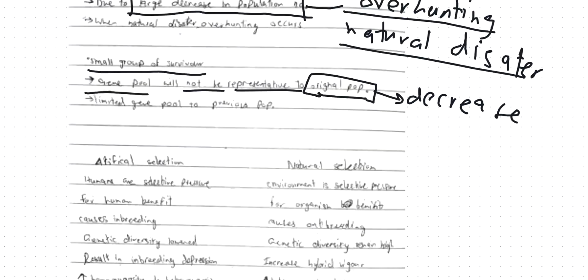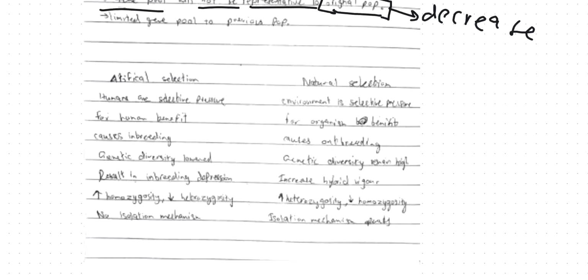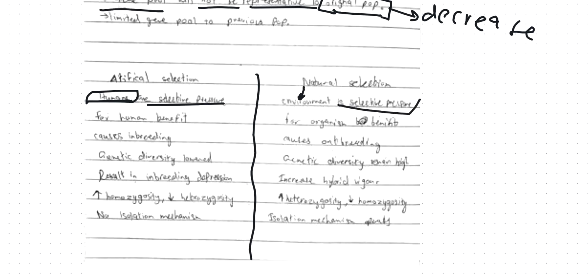Now let's move on to artificial and natural selection. Artificial selection is caused by humans, and the selective pressure is humans. Whereas natural selection is caused by the environment or nature. And the selective pressure here in natural selection is the environment. And artificial selection is for humans' benefit.